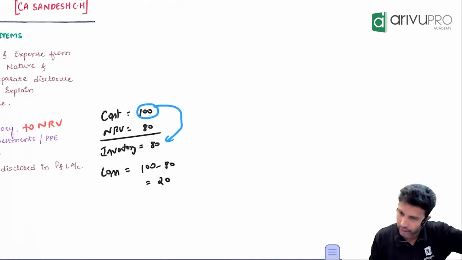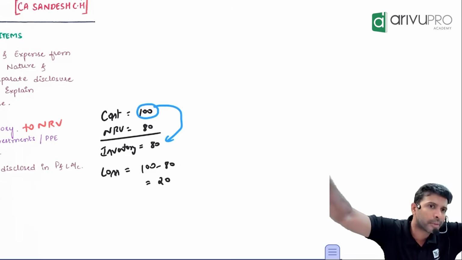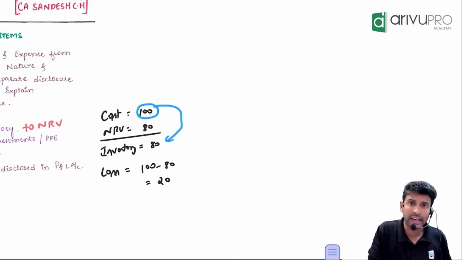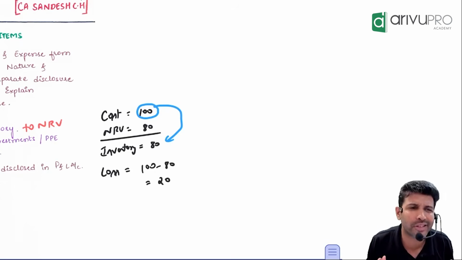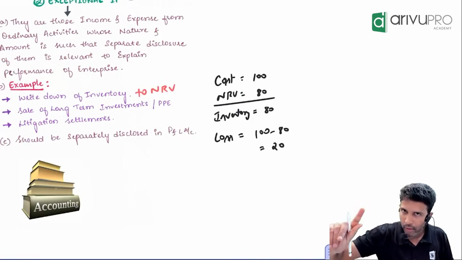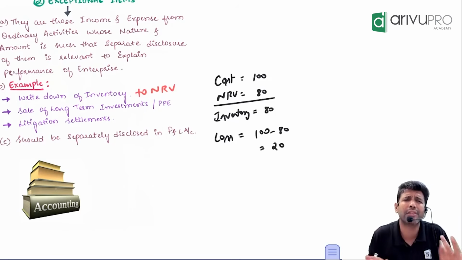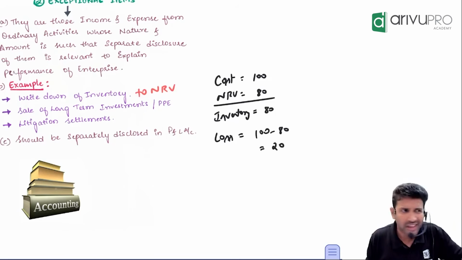Inventory write down. It can happen for every business. Is this totally extraordinary or part and parcel of business? Part and parcel of business. But if you think about it, inventory is one of the big ticket items, because a company's major revenue comes from purchasing and selling goods.